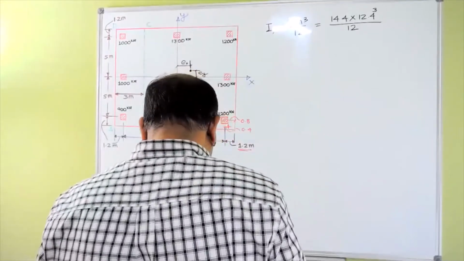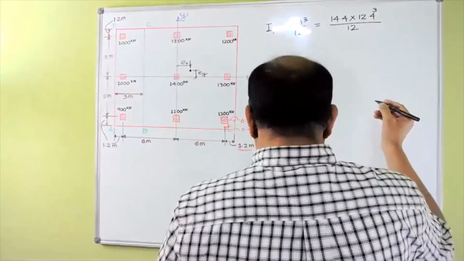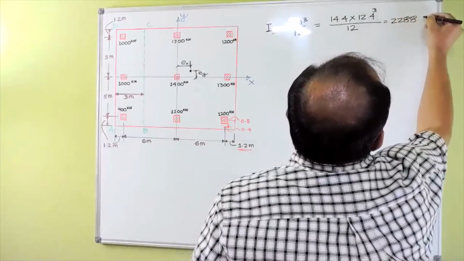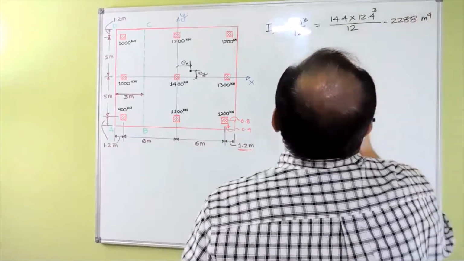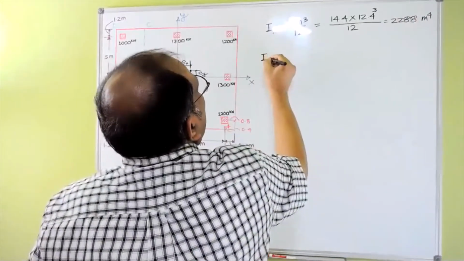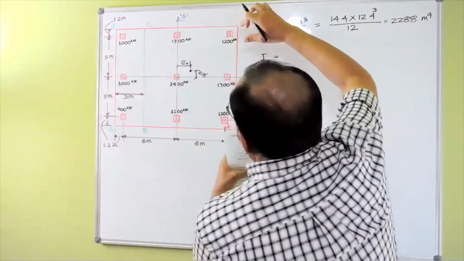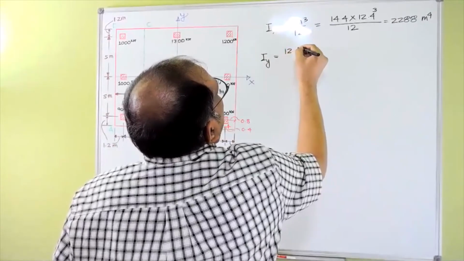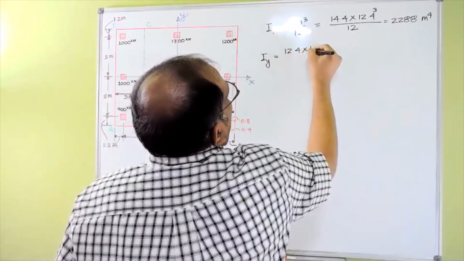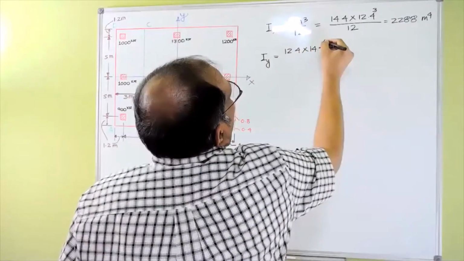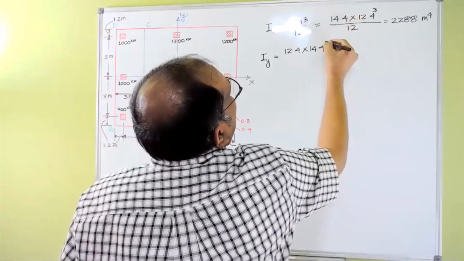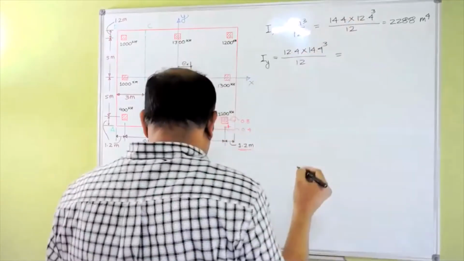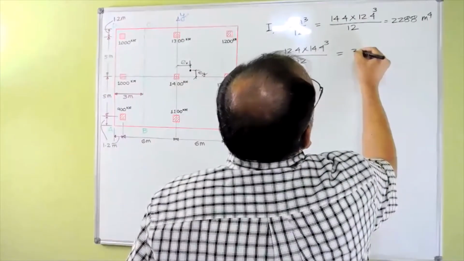That's basically 2288 meter to the power 4. And your Iy, this side is B and this is H, so this one has to be 12.4 into 14.4 to the power 3, divided by 12. That's basically 3086.